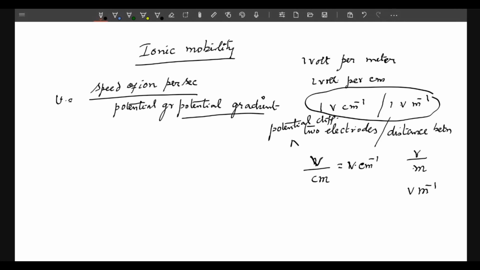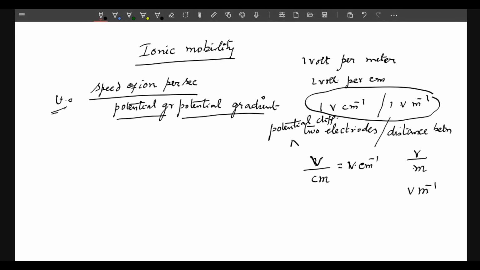If you fix the potential, that is 1 volt per meter or per centimeter, this ion speed remains constant. That we call the ionic mobility.